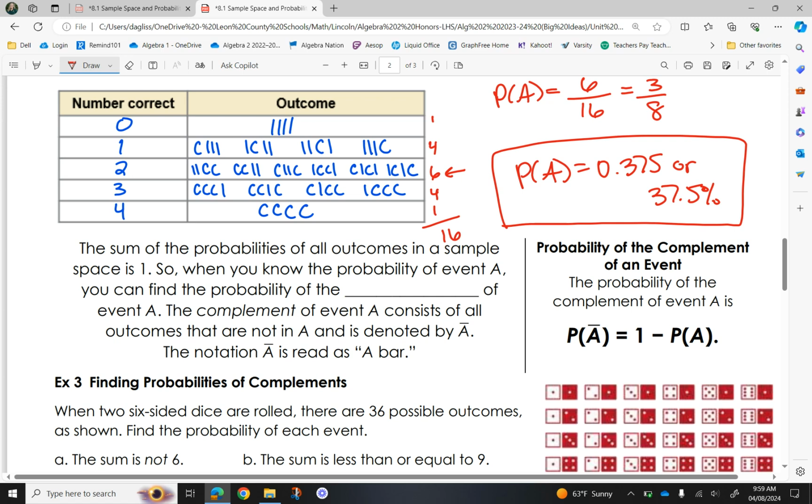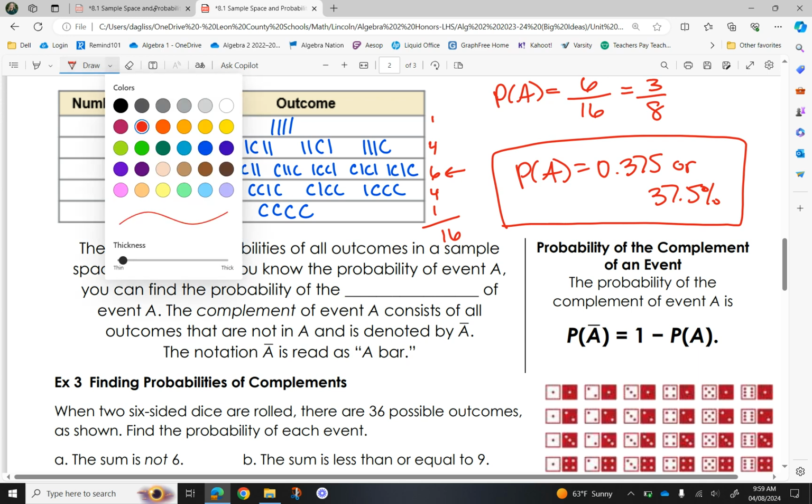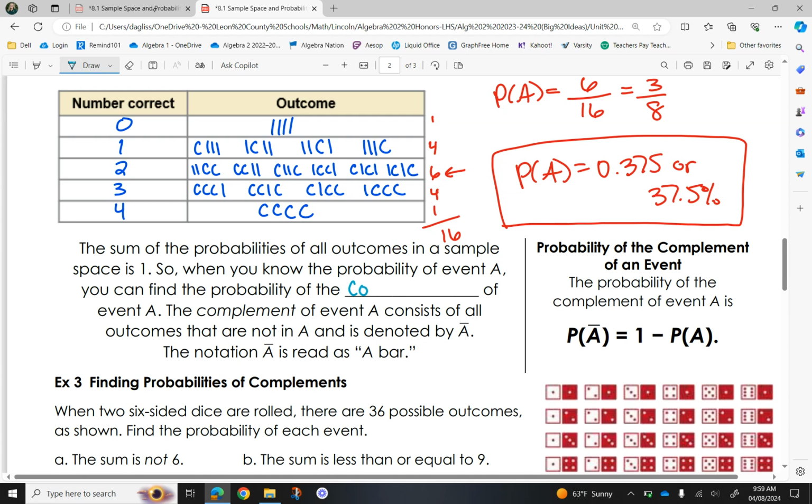The sum of probabilities of all outcomes in a sample space is 1. So when you know the probability of event A, you can find the probability of the complement of event A. The complement of event A consists of all outcomes that are not in A. So technically that's what we did in our third warm-up problem.